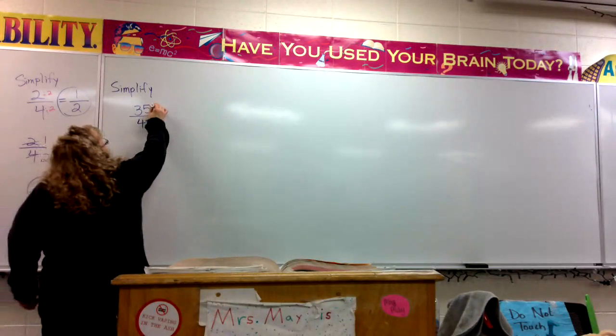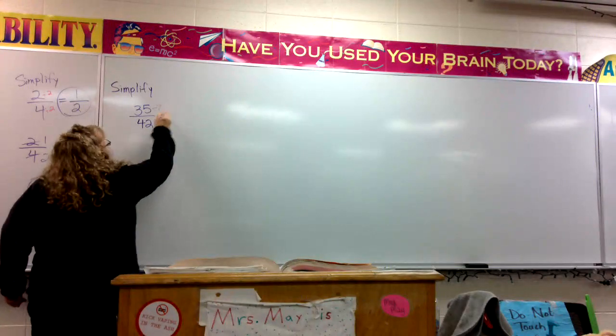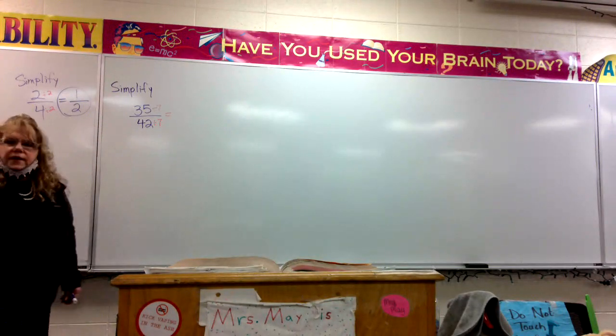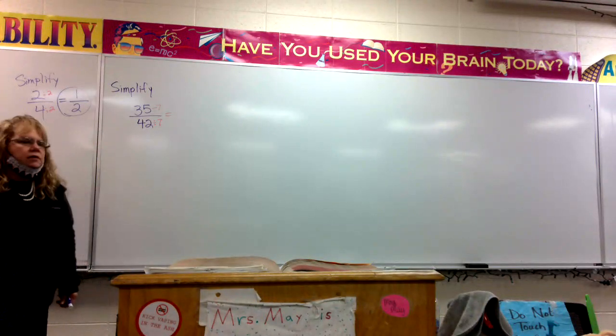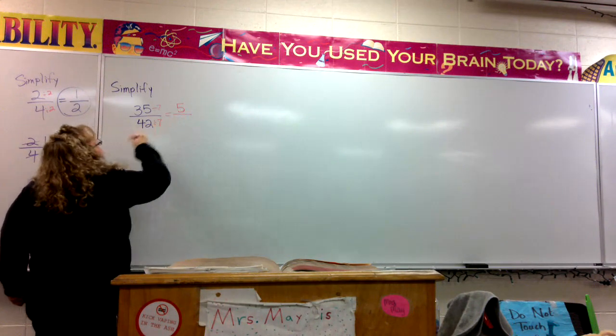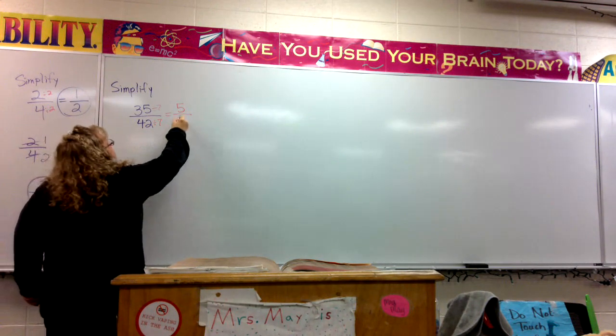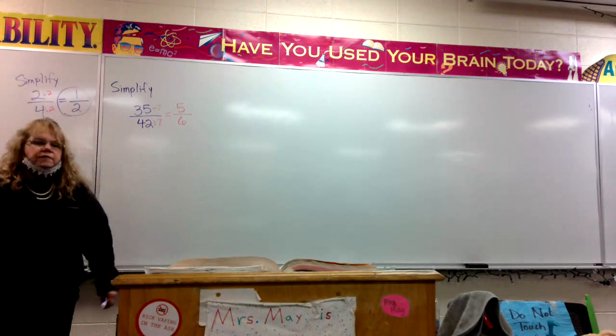So we're going to divide top and bottom by 7. What is 35 divided by 7? Say it. 5. And on bottom, 42 divided by 7. 6. Now, what you have left, 5/6.